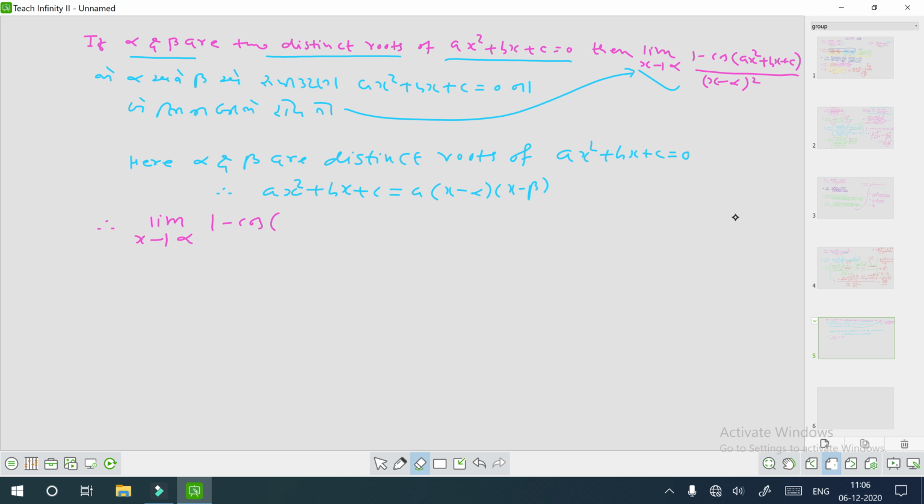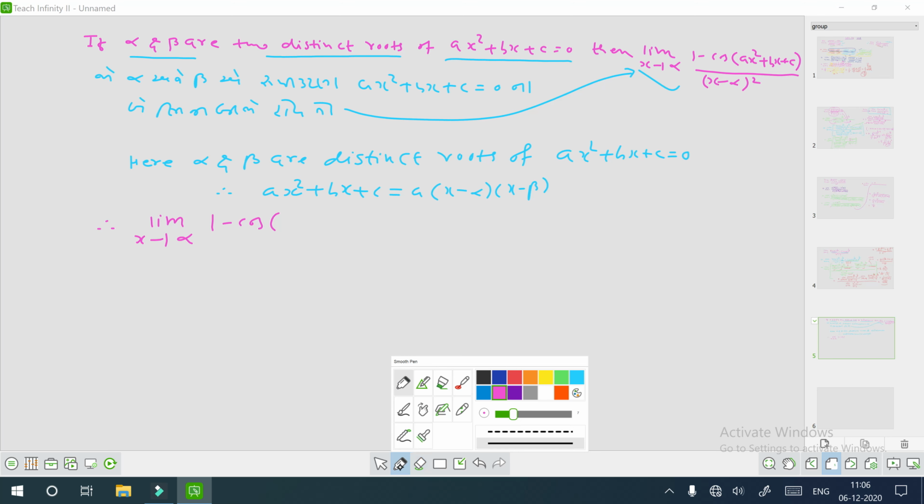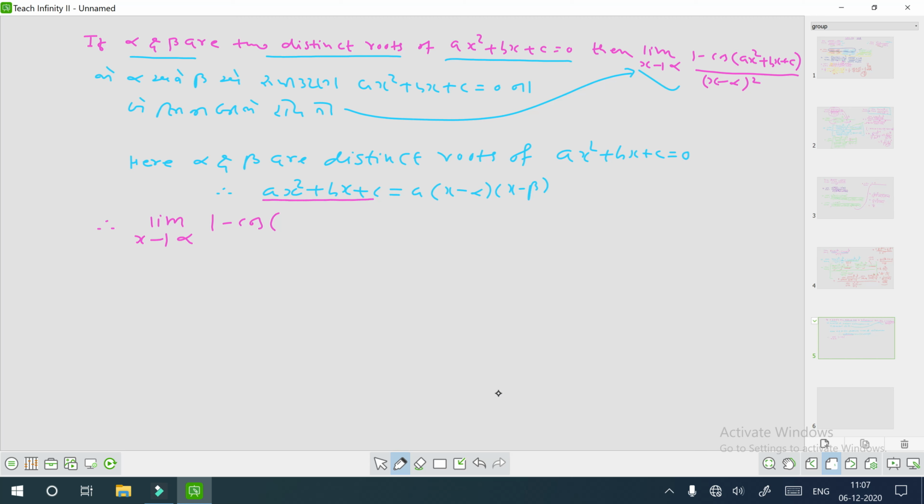Now see here. All of you please see here. In place of ax square plus bx plus c, can I write this one? Yes: a into x minus alpha, x minus beta, over x square. Now use that form. Limit x tends to alpha. Which one?